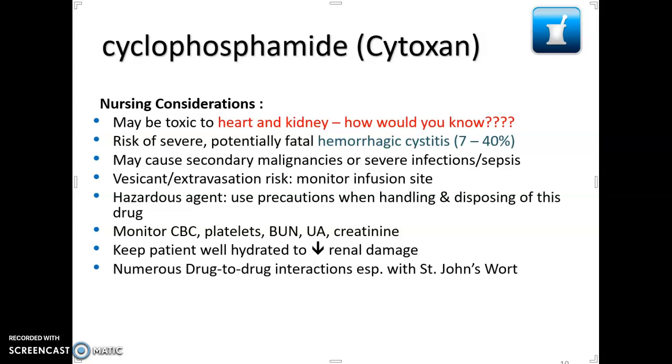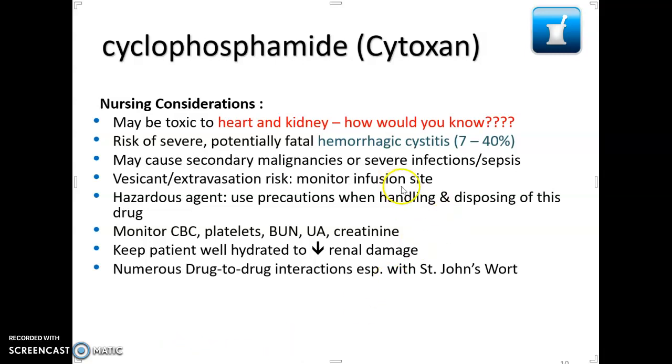So we don't often, but we do sometimes see people developing a second malignancy after they've been cured from their initial disease, and we think that this is due to cyclophosphamide. So just something to remember, that all chemotherapies can cause cancer as well as cure cancer. That's why we're so careful wearing our PPE and being extremely careful when we administer the drug.